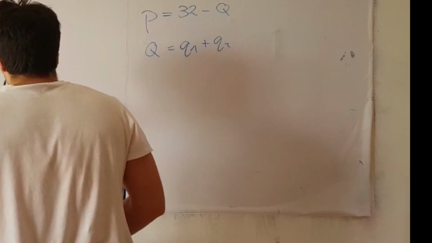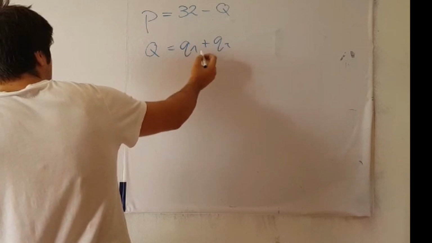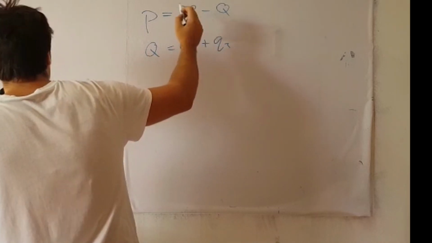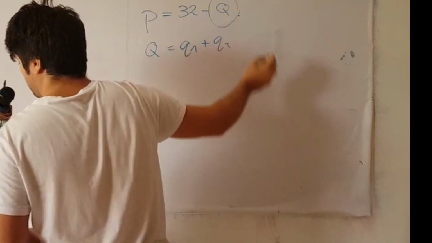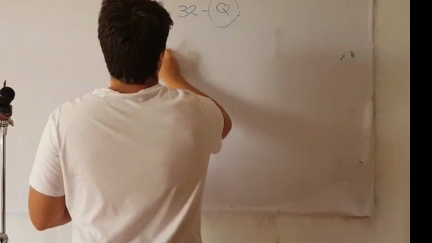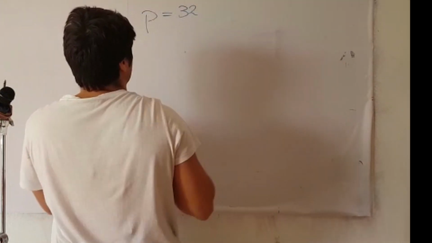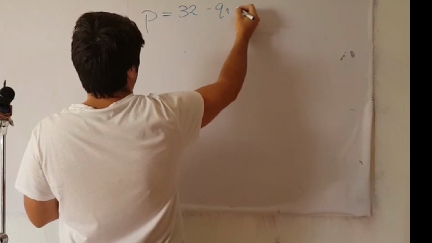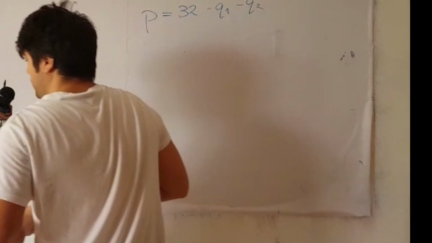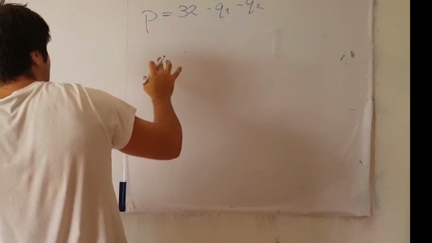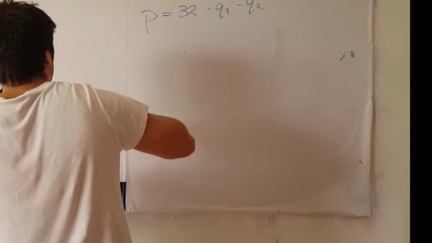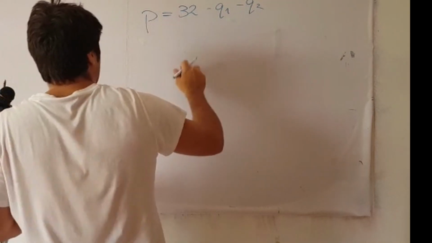So what we're going to do now is substitute this Q1 plus Q2 in the inverse demand function. Okay? So there we go. This is the inverse demand function we are going to use throughout the whole problem.